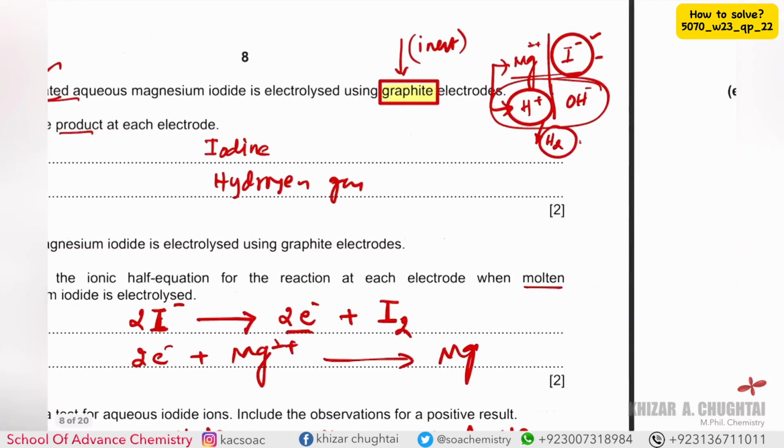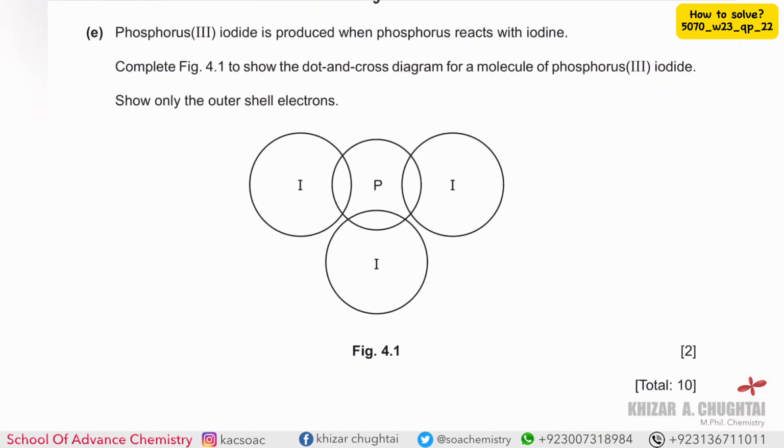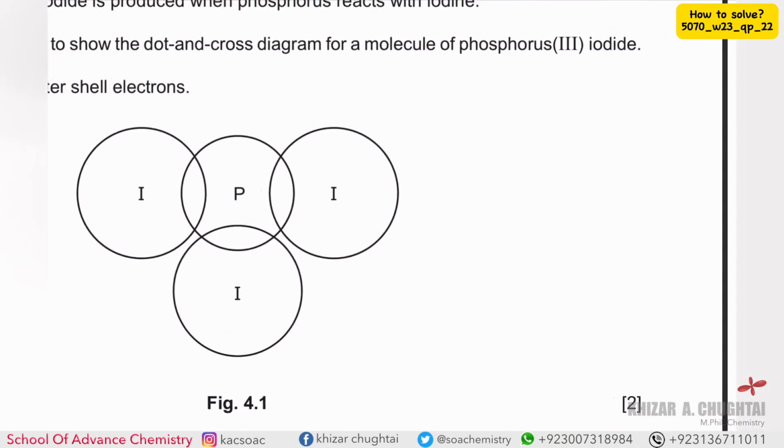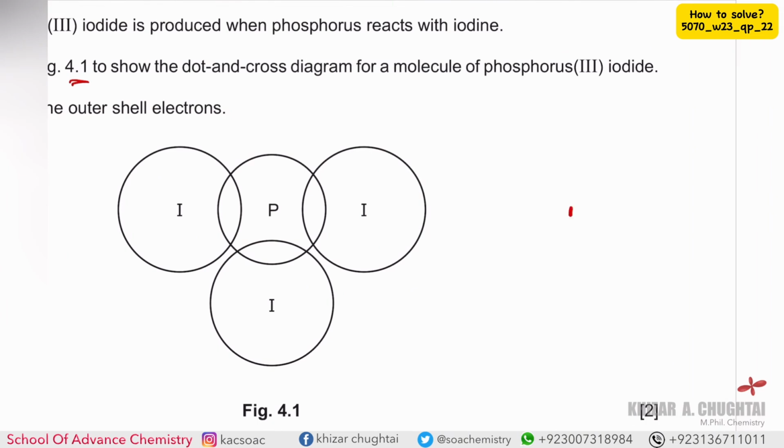Part E. Phosphorus 3 iodide is produced when phosphorus reacts with iodine. Complete figure 4.1 to show the dot and cross diagram for a molecule of phosphorus 3 iodide. Show only outer shell electrons. So you know that I'm going to draw first of all P, 1 bond iodine, 1 bond iodine, and 1 bond iodine over here. As you know, iodine is the member of group 7 element, and it makes normally only 1 covalent bond.